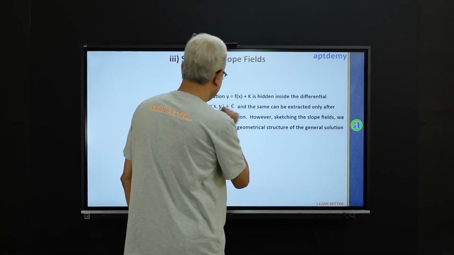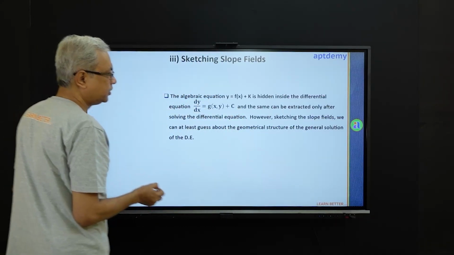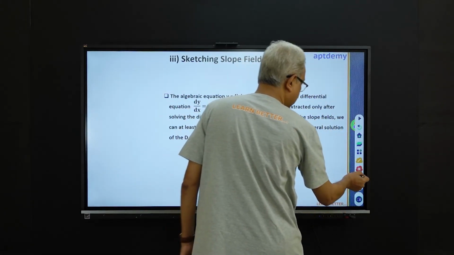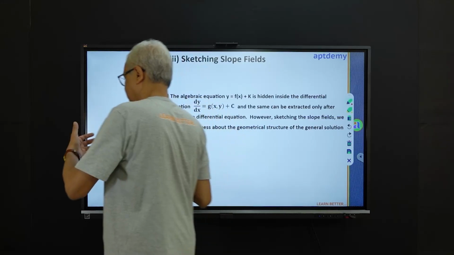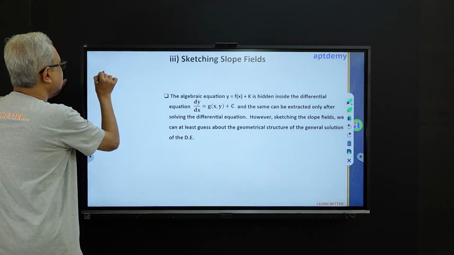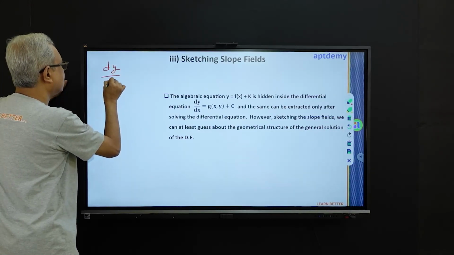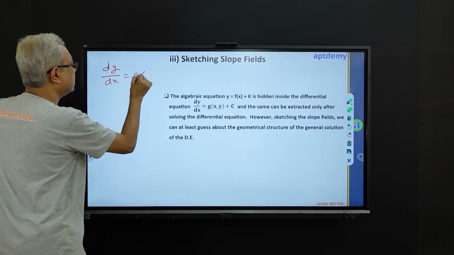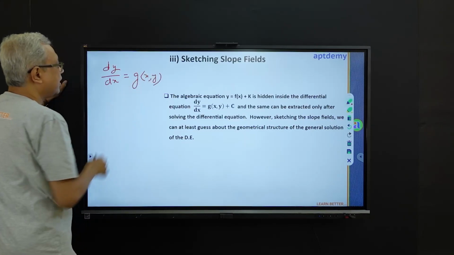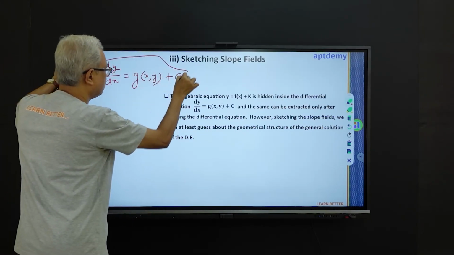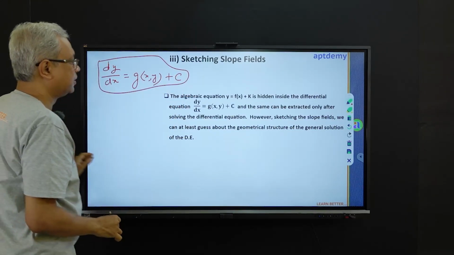Now, as we have discussed several differential equations in different situations, generally it is dy/dx equal to g(x, y). There may be separate constant terms also. So, this is a differential equation.